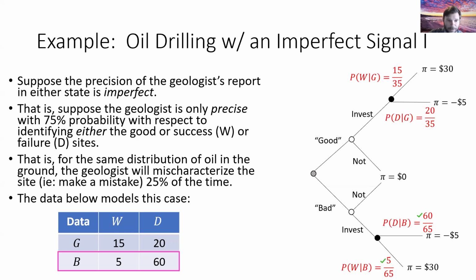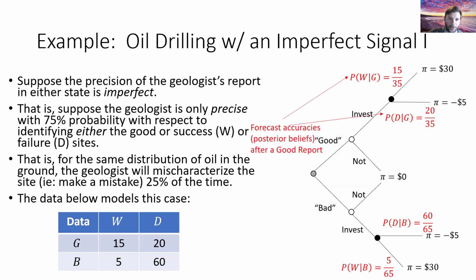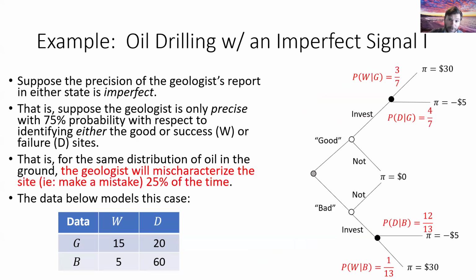So we are able to, again, using the same relative frequency approach, or Bayes' rule for the advanced reader, recover these forecast accuracies, which are conditional probabilities, conditioning on the signal realization, either good report from the geologist or bad report from the geologist, to get those posterior probabilities at the tail ends of the tree.